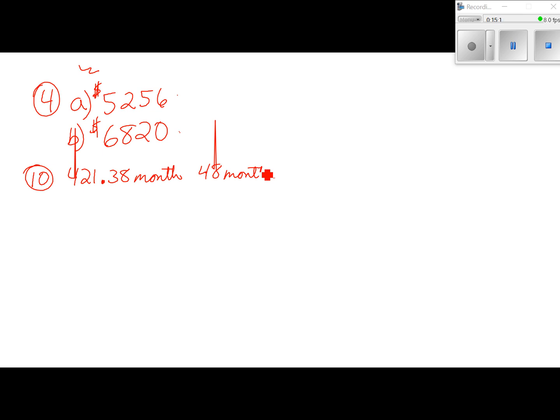She paid a $2,500 deposit, an $85 title fee, and a $235 license fee. So $85 for the title fee, $235 for the license fee.